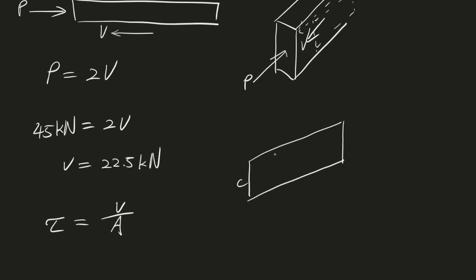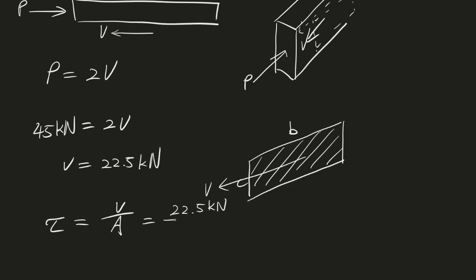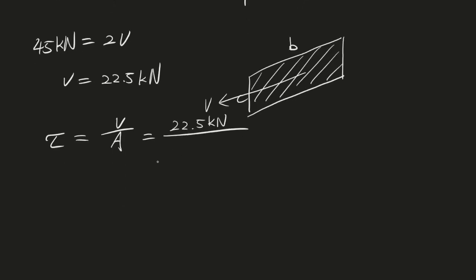So this dimension will be C and this dimension will be B. This entire area will be providing the shear force going that way, which means 22.5 kilonewton shear force is applied over an area of B times C.